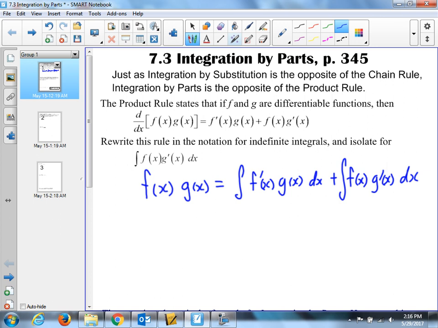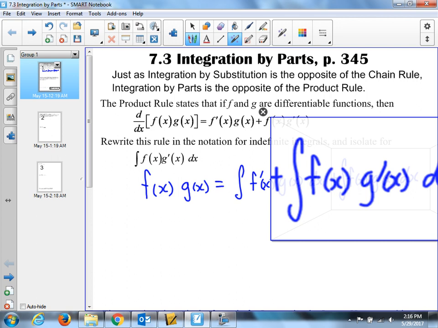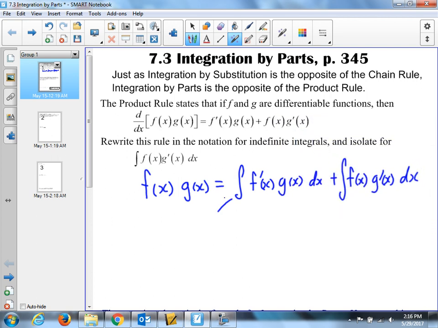That's what I meant by the first thing. Rewrite this rule in the notation for indefinite integrals. Okay, I've done that. And then algebraically isolate for the last thing on the right-hand side. So really, what I'm doing is, to isolate this, I want to subtract this portion, right? But I'm going to left-right switch it.